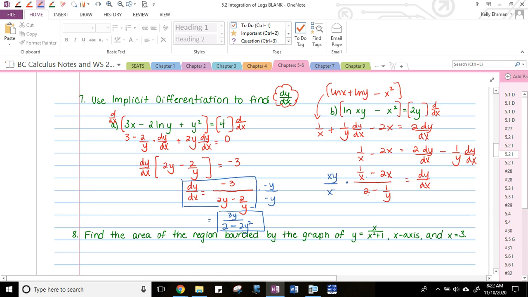So if you multiply by xy on the top and the bottom, distribute things through correctly, you get y minus 2x squared y, divided by 2xy minus x. And yeah, you can factor a little bit, factor out a y, factor out an x. You're looking for equivalent answers at that point.